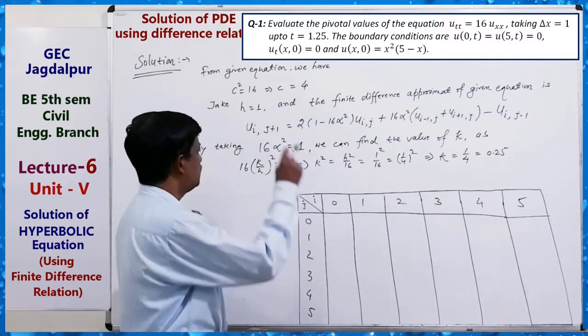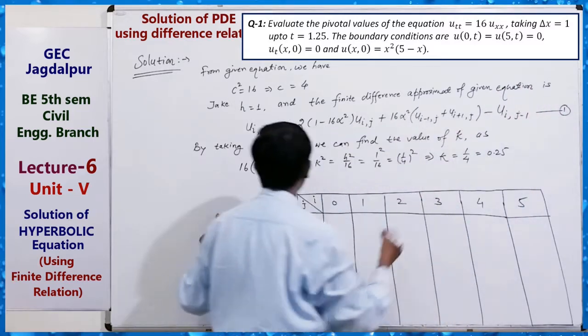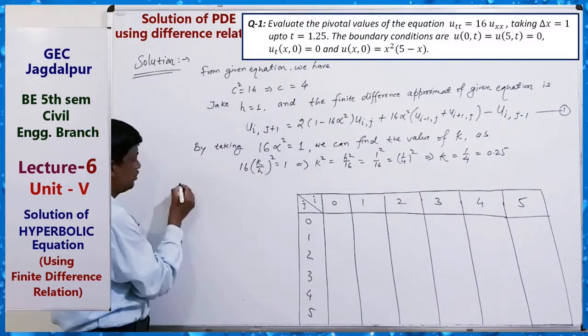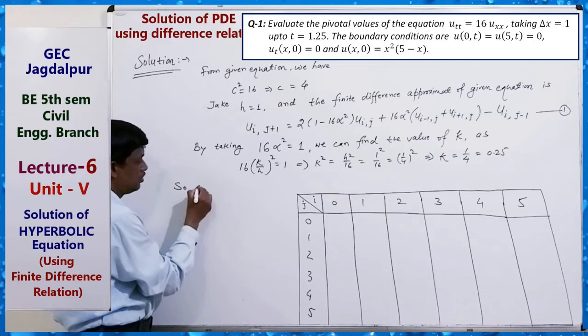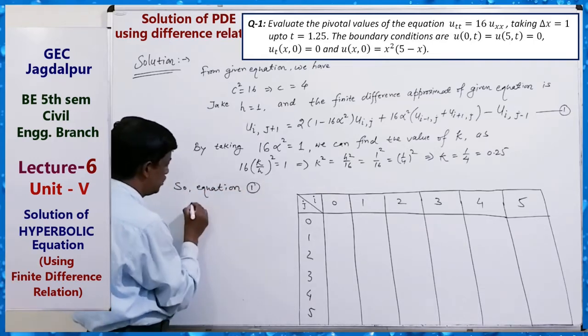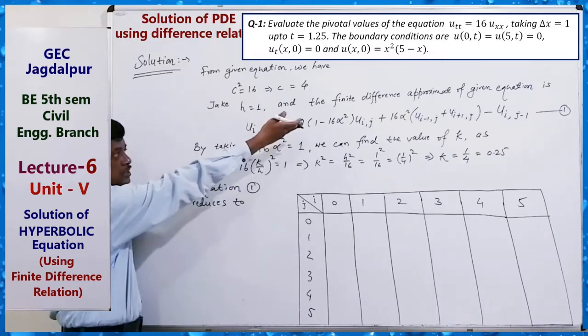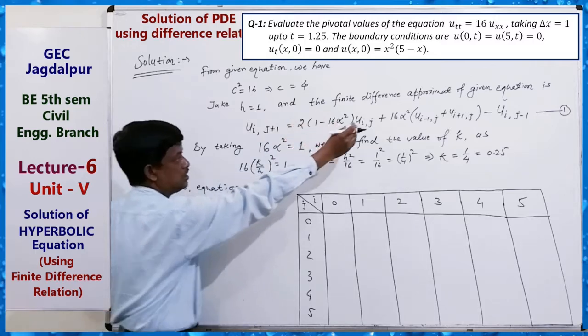Now using this condition in equation 1, equation 1 reduces to this equation. This is 0 and this is 1.